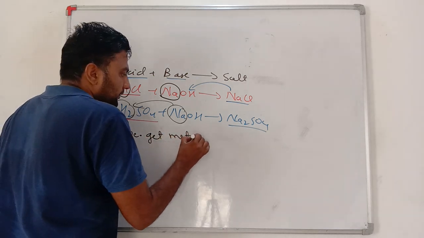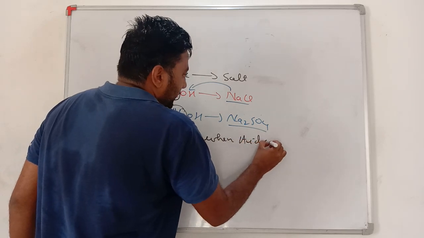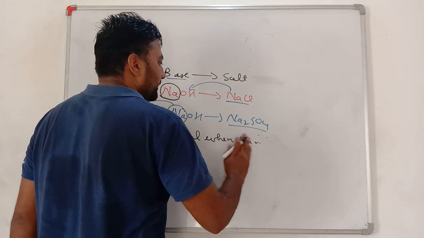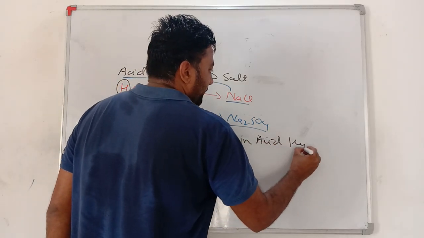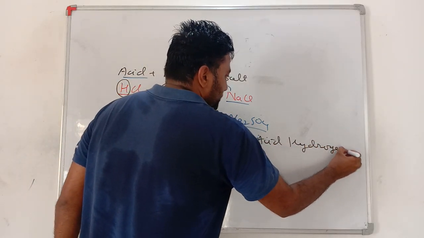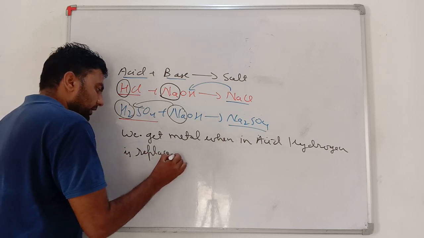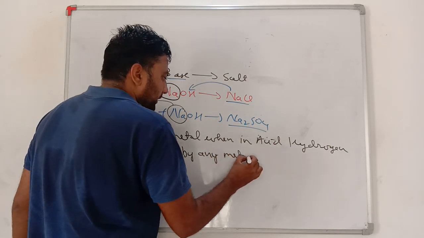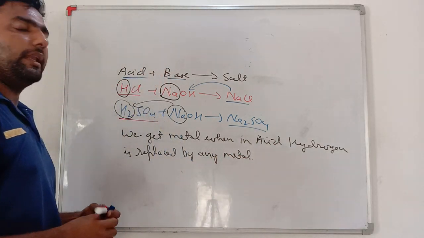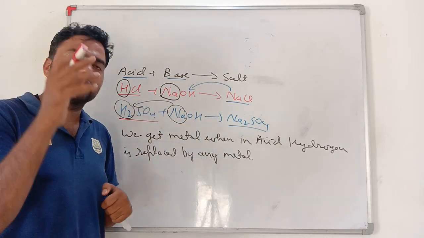Very important: in any acid, if hydrogen is replaced by a metal, then what we get is a salt.